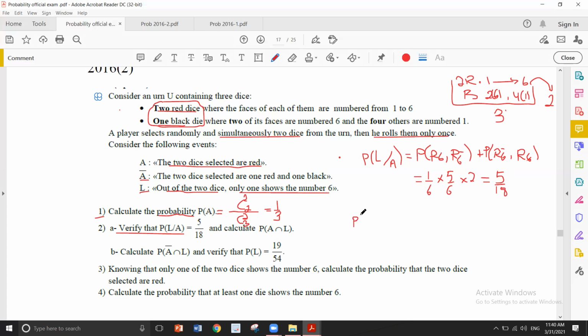What is the probability that A intersection L? What is the rule for A intersection L?